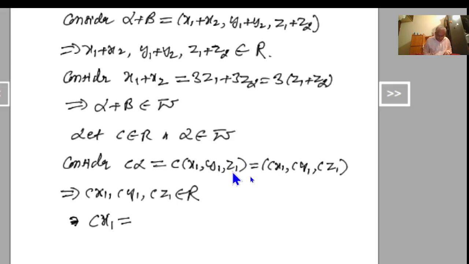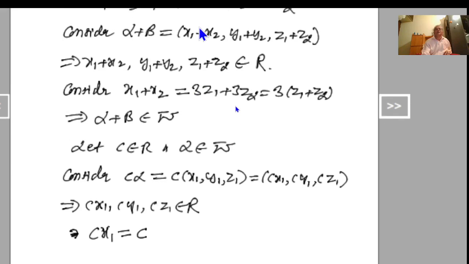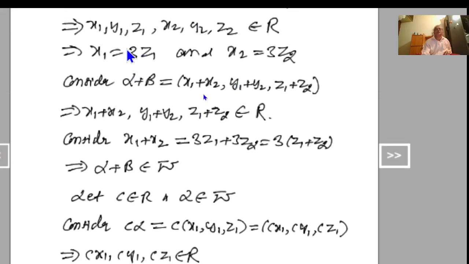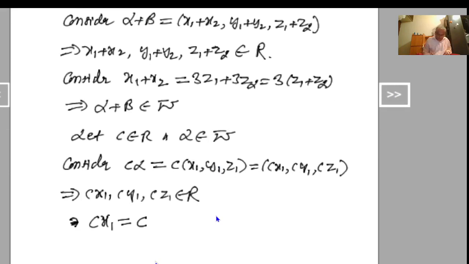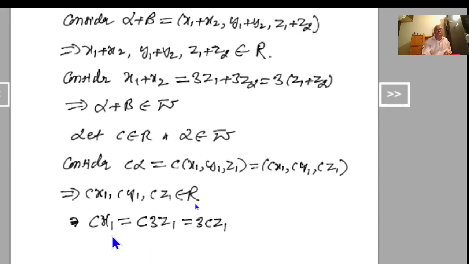Cx1 equal to C into, what is x1 here? x1 is equal to 3z1. Okay. So that is C into x1 equal to 3z1. We write this as 3 into Cz1. Okay. So Cx1 equal to 3 times Cz1 we have proved.